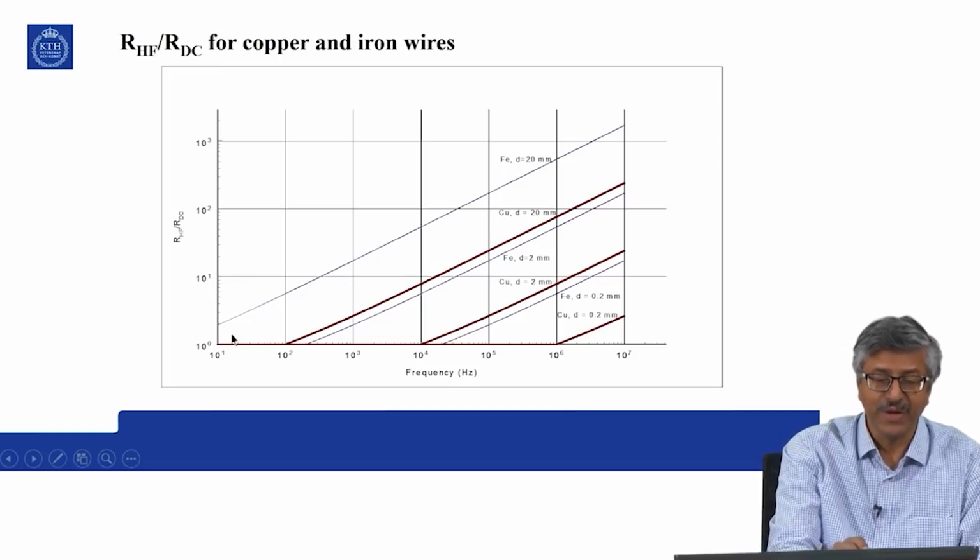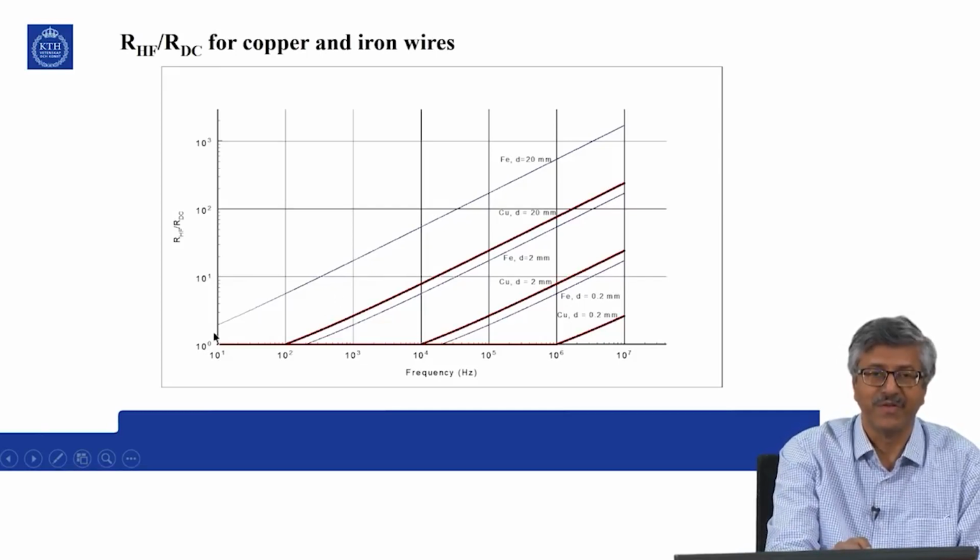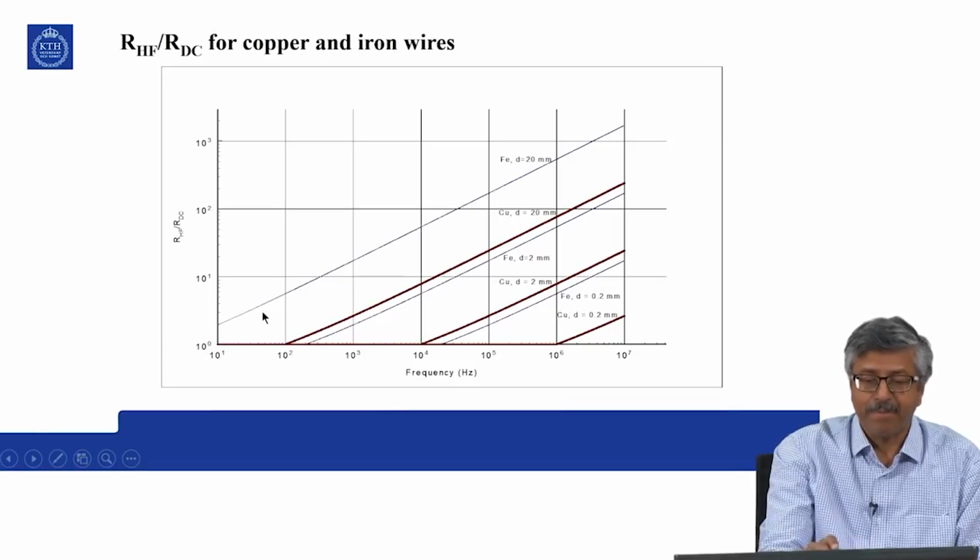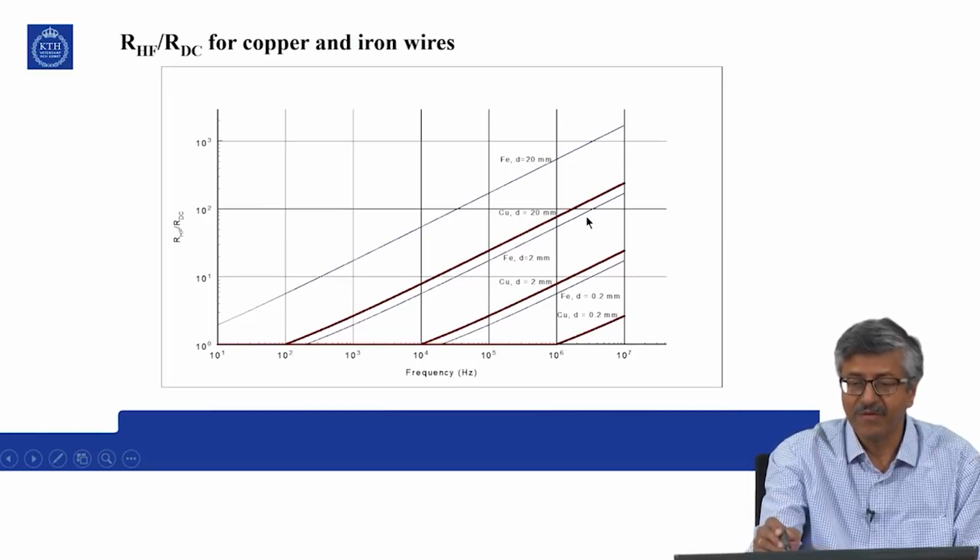Even at such low frequency, you have some effect of skin depth. For copper, already at 100 hertz for 2 centimeter diameter copper, you will have the effect of skin depth.